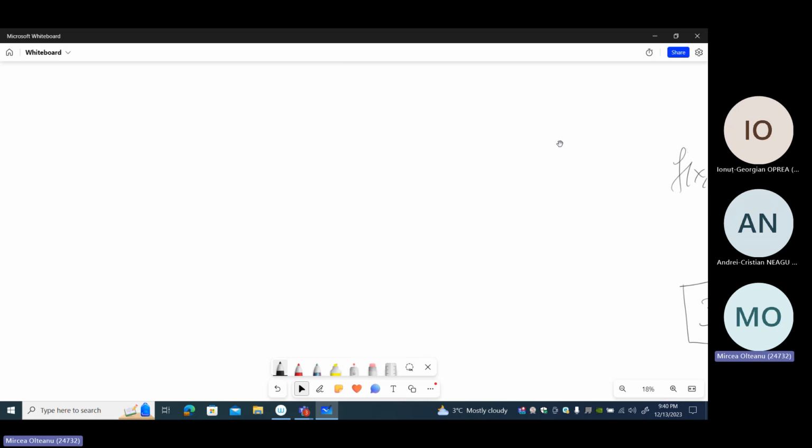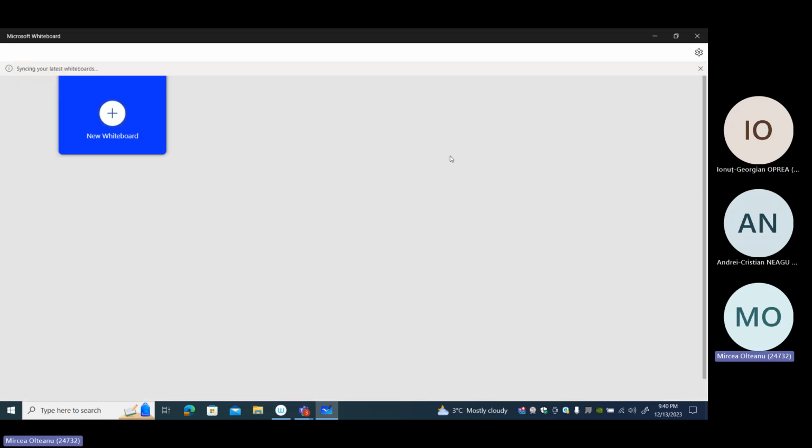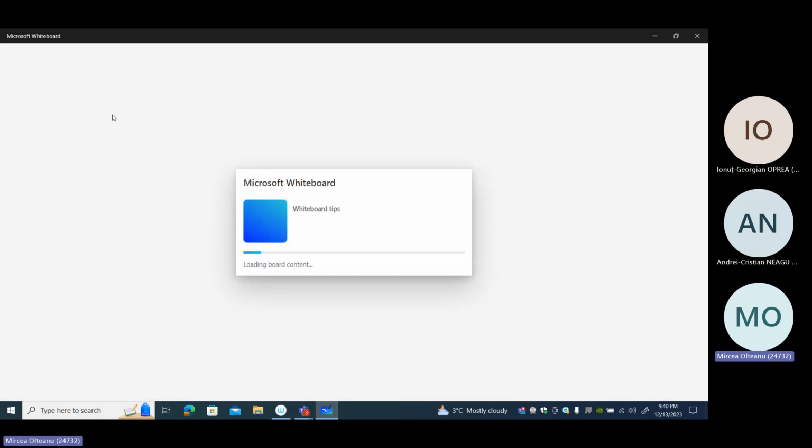Now, related to the partial derivatives, let's learn about another useful fact. Remember when we defined the partial derivatives, we started with the following discussion.